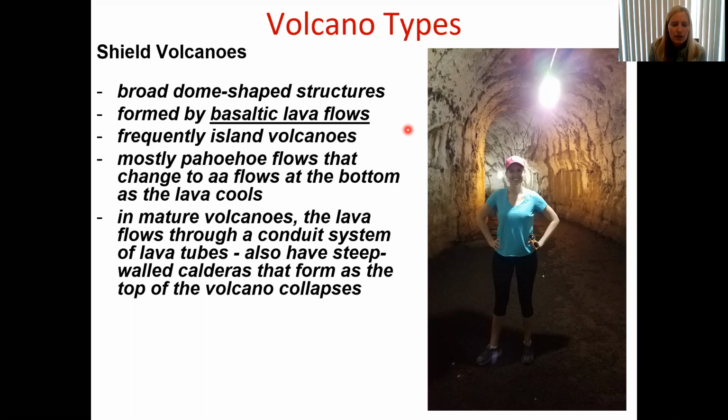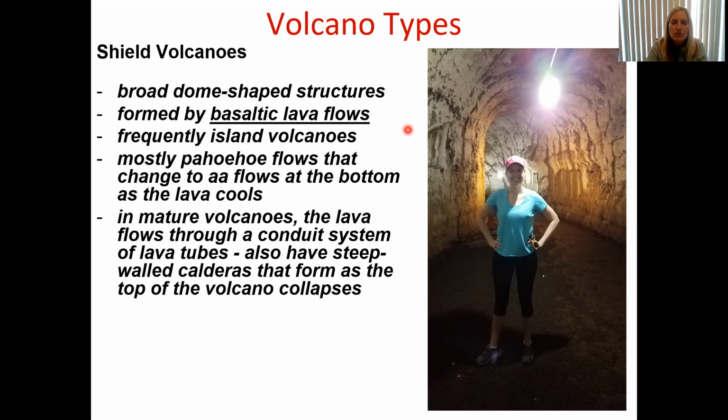So think about looking at a shield from the side and how it has that bend in it, but it's not super steep, right? It's like this nice gradual curve that it has to it. And that's what we want to think of when we think of a shield volcano. So it's really broad, it's shaped like a dome, and it's going to be formed from just layers and layers of lava flows.